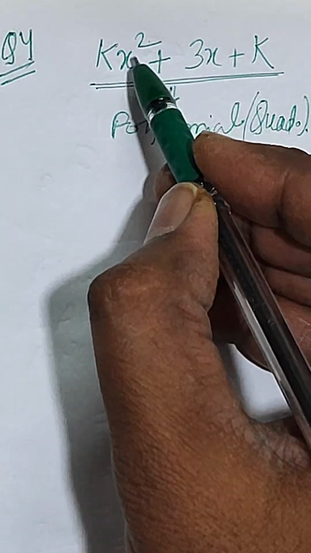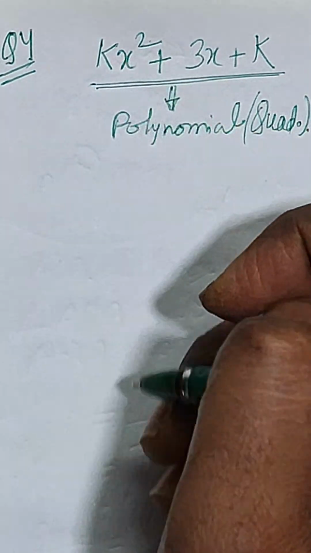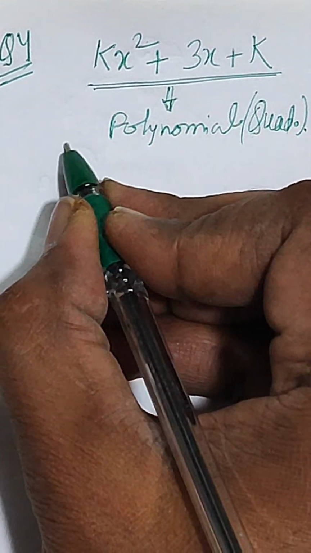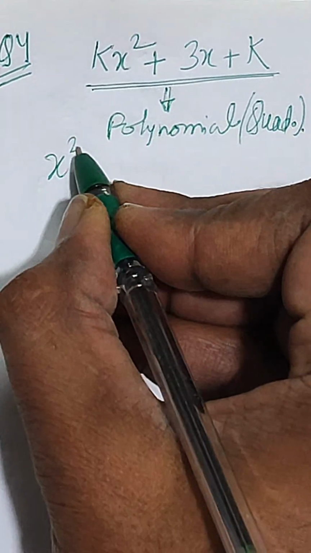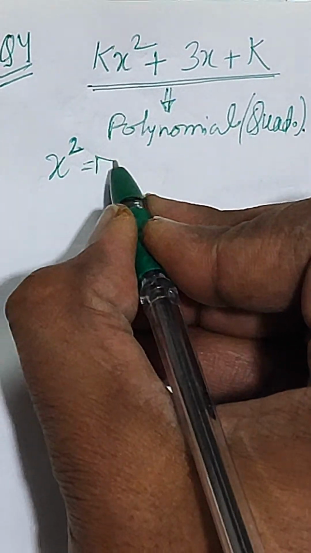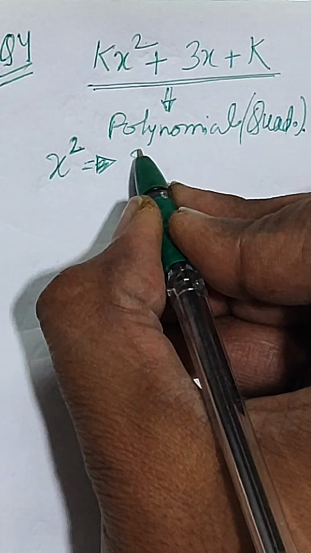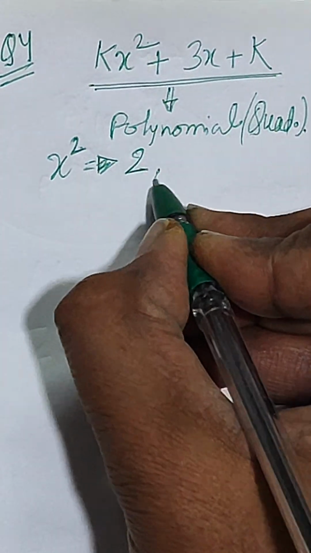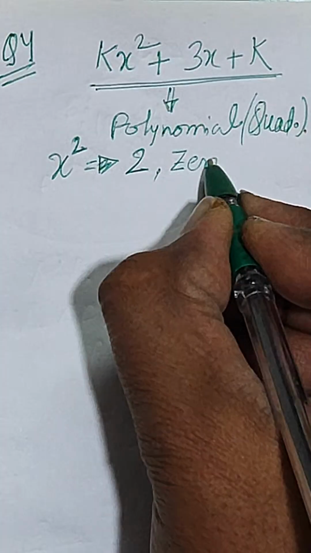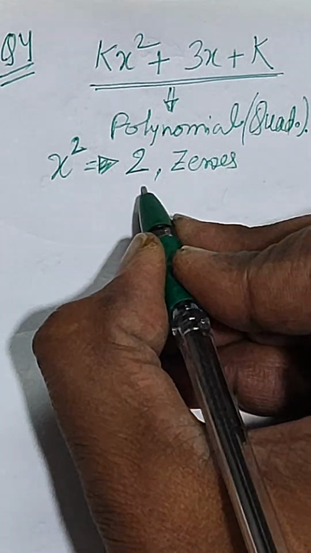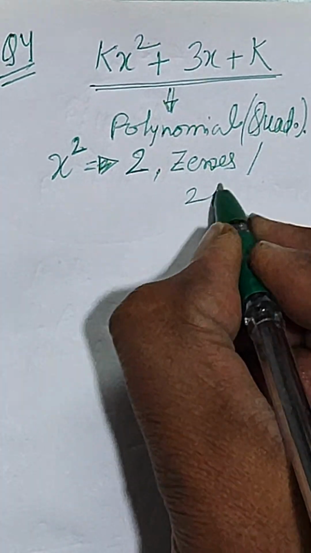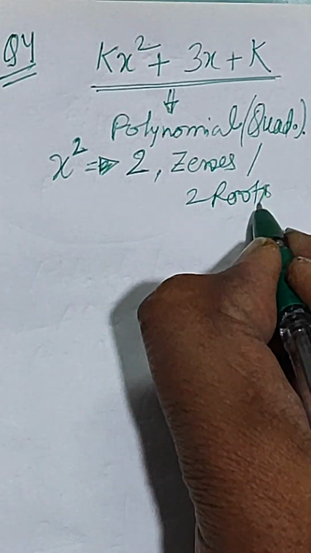Since the power of x is 2, there will be two zeros. X power 2 indicates we have two roots, or we can say two zeros, or two roots, right?